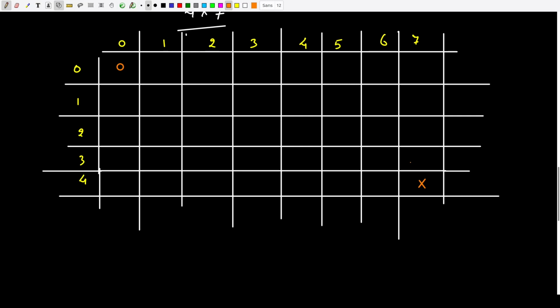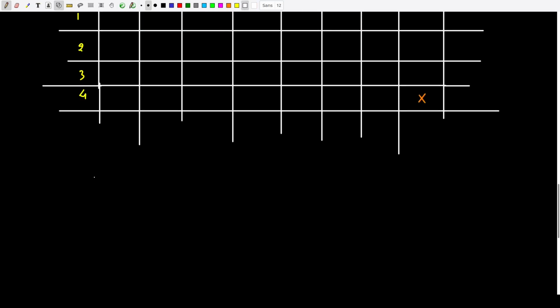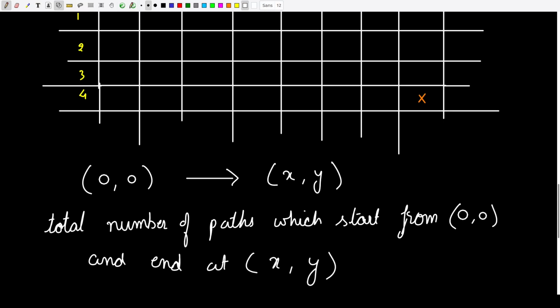So rather than computing from x, y to 0, 0, we can reverse the problem and rewrite it as: we would like to compute how many ways there exist by which we can start from 0, 0 and reach x, y. What do I mean by this?